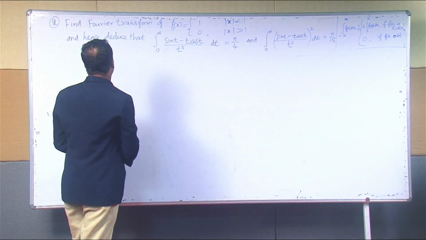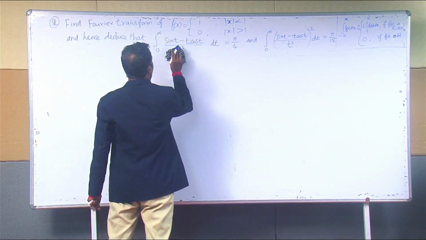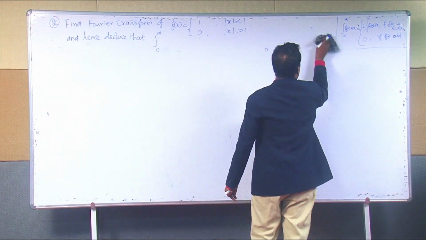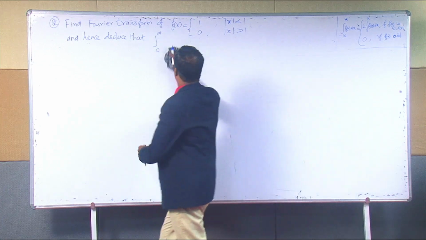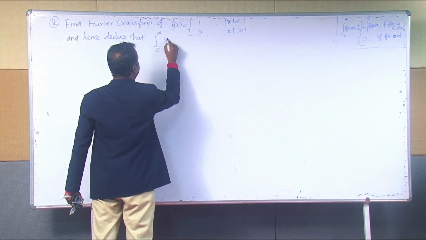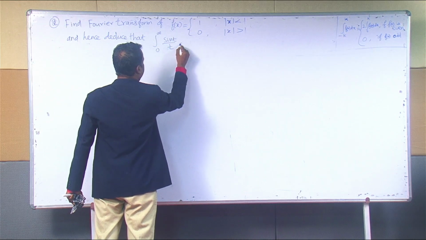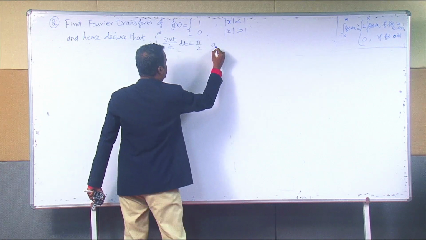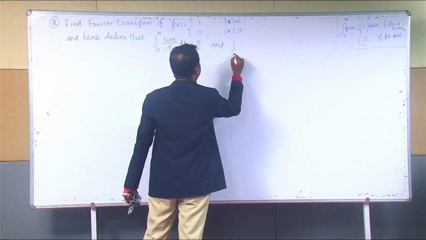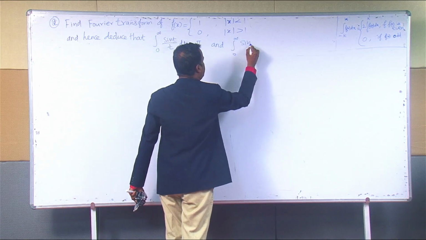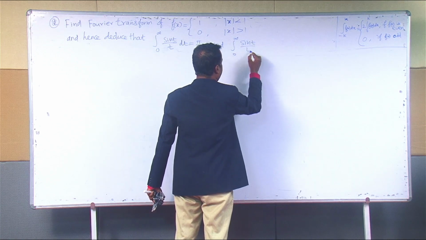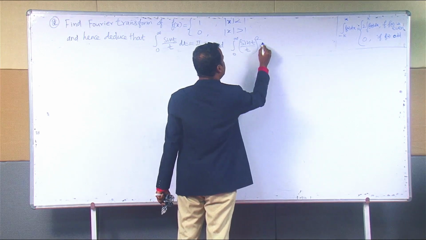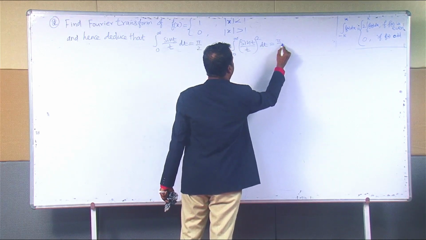And hence deduce the integral from 0 to infinity of sin t by t dt, which is equal to pi by 2, and another part, the integral from 0 to infinity of (sin t by t) the whole square, that is sin square t divided by t square dt, is equal to pi by 2.